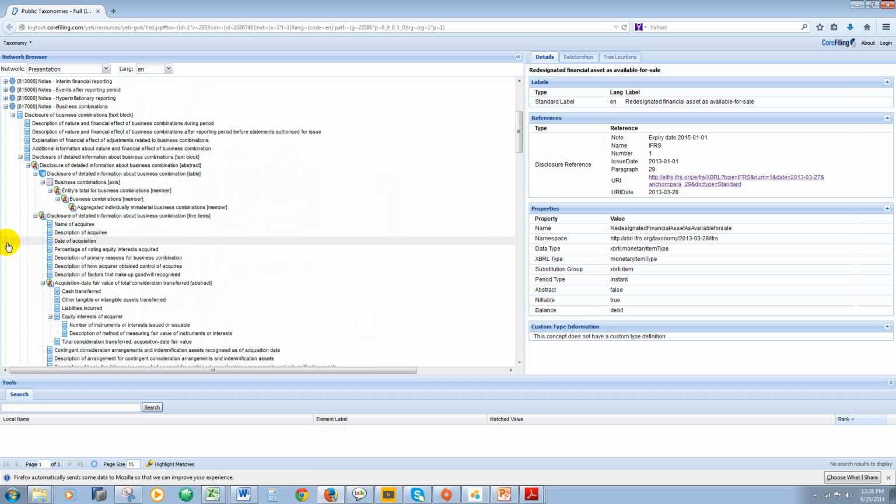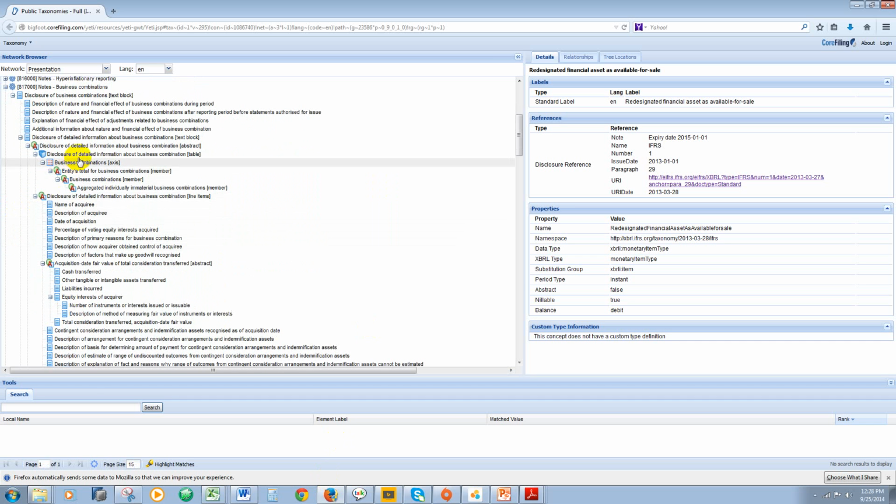So we find a very important table, disclosure of related information and about business combination table. So we have business combination axis, and we have a few members over here: entities total for business combination member, business combinations member, and aggregated individually material business combinations member.